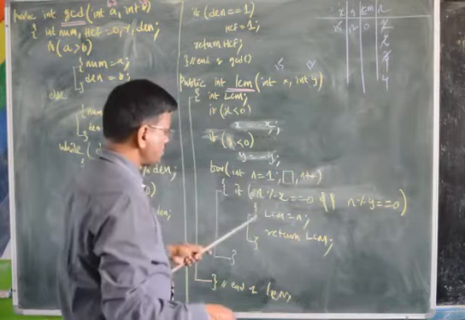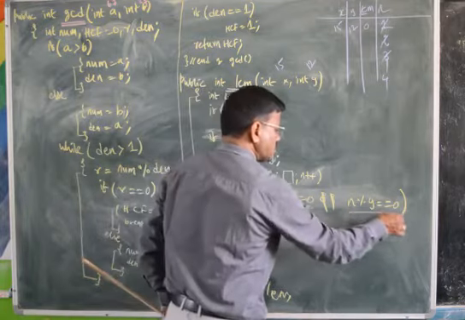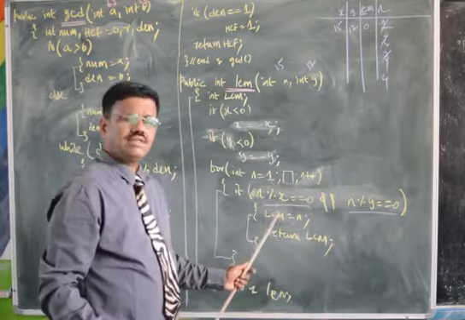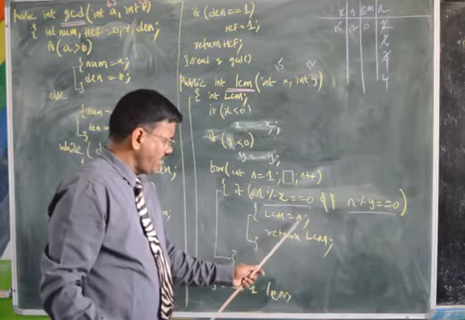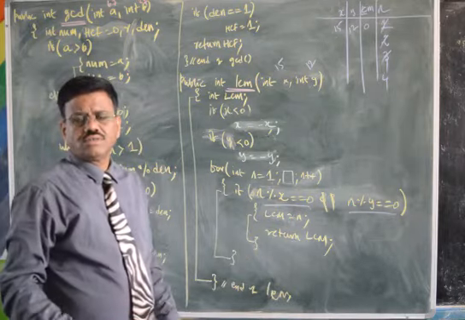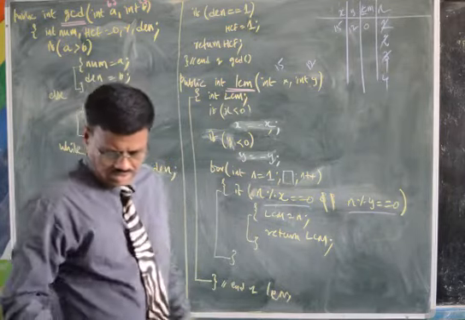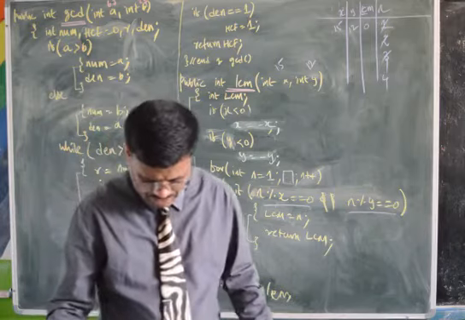Right? Whenever both the conditions, this is condition number 1 and this is condition number 2, get satisfied, that n value will be stored in LCM, then it will return. In your textbook, what example have they given?